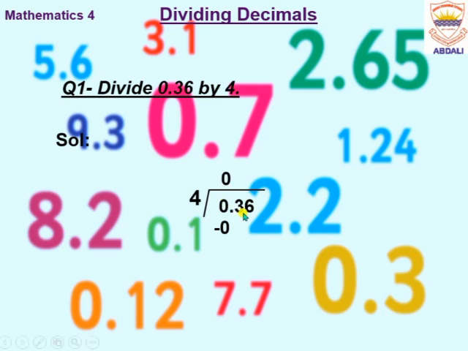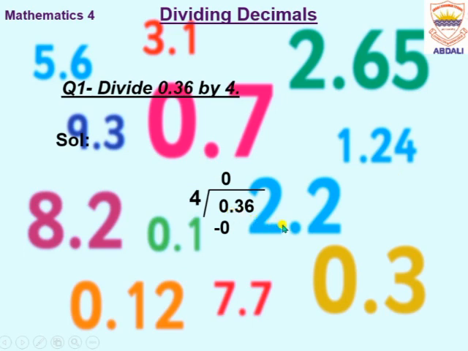You have to keep one thing in your mind which is very important: as we are going to solve 3, but there is a decimal between 0 and 3, it means there is a decimal before 3.